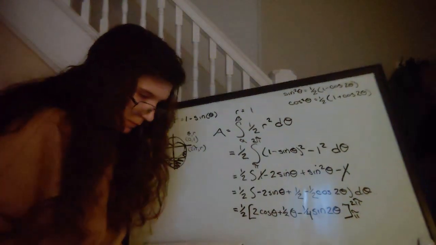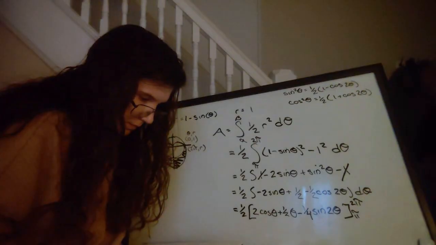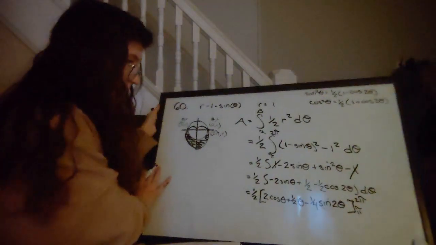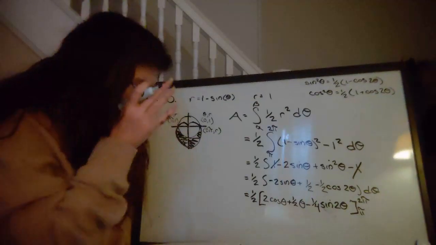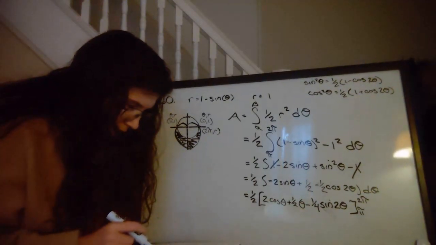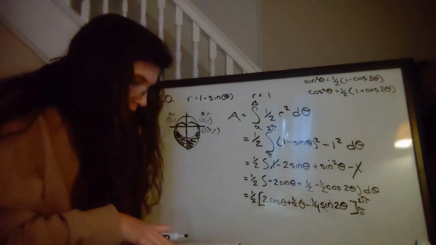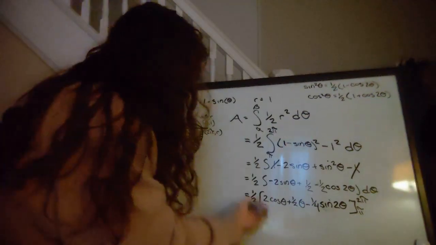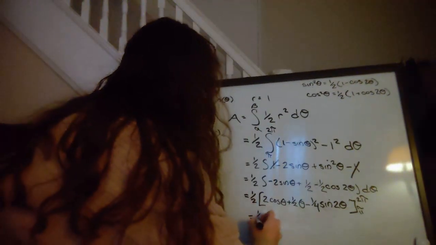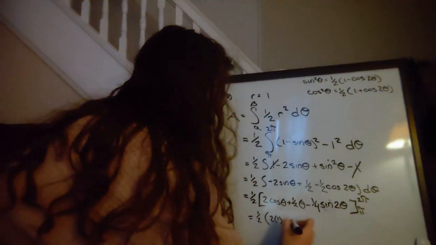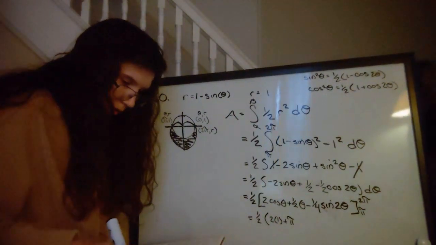What are my bounds? Pi to 2 pi. So we just plug in everything. 2 pi cosine is 1, so this is going to be 2 times 1 plus 1/2 times 2 pi, which is just pi.